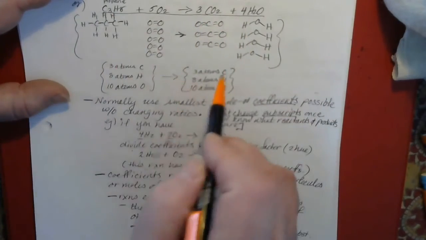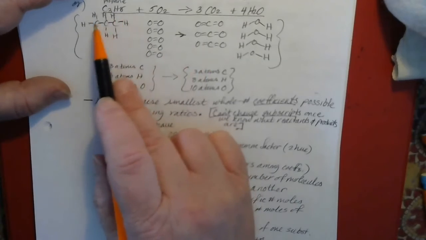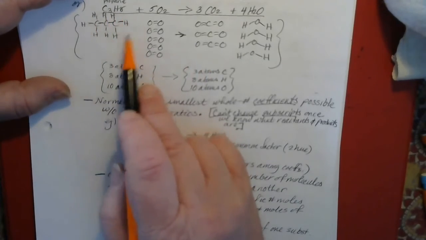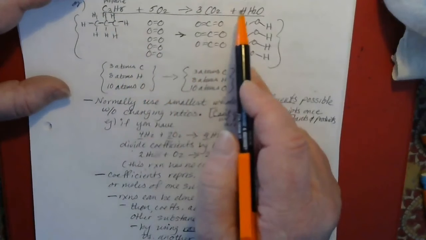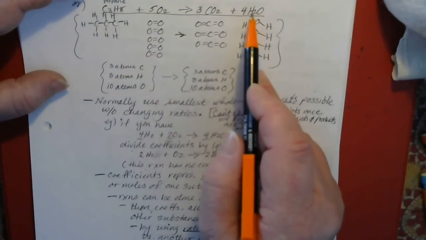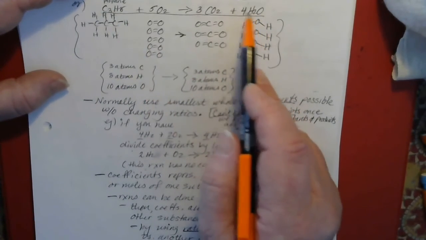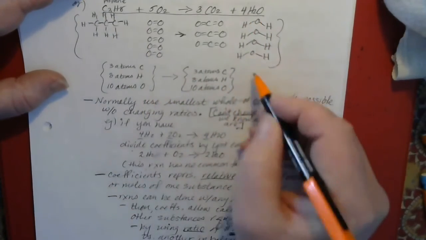So that's 3 carbons. Hydrogen, we've got 8 hydrogens in this one molecule here. And so that's 8 hydrogens in. Coming out, we've got 4 H2Os. That's 4 molecules with 2 hydrogens each for a total of 4 times 2, or 8 hydrogen atoms coming out. So that's balanced also.